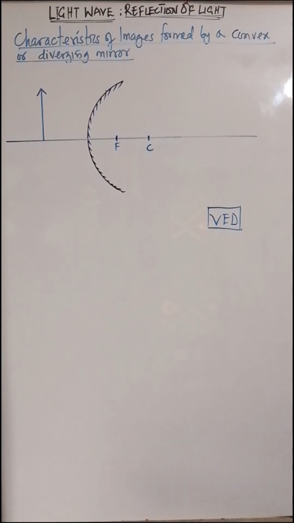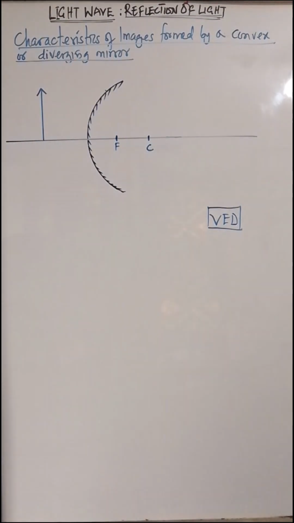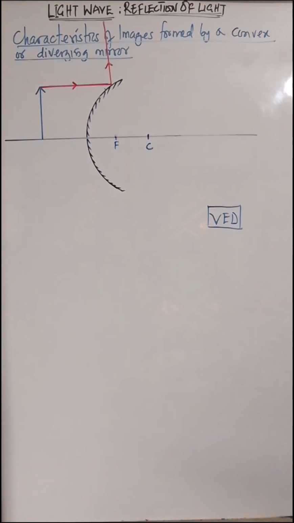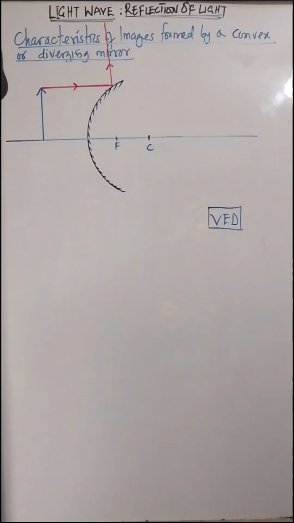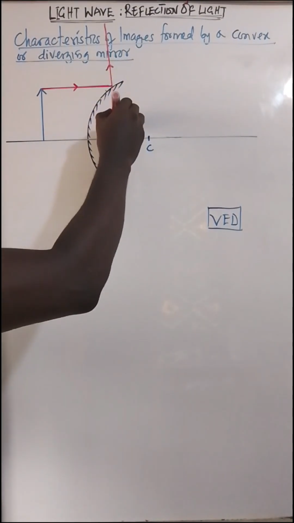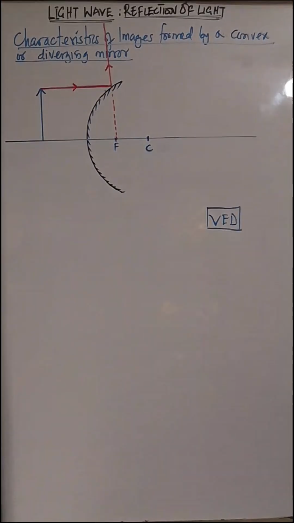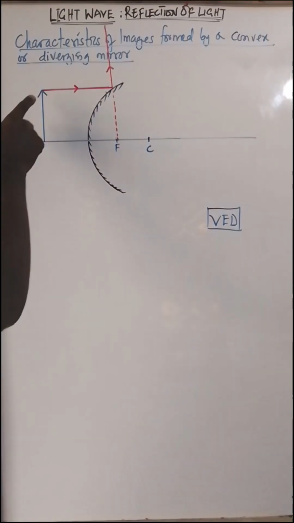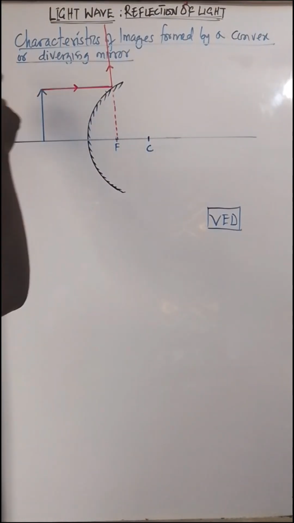Ray diagrams. Any ray parallel to the principal axis will pass through F after reflection. Because this is a diverging mirror, when the light touches it, it reflects and is scattered. Next, let's trace backward to show that it passes through F. Next, any ray through the center of curvature will be reflected along the same path.